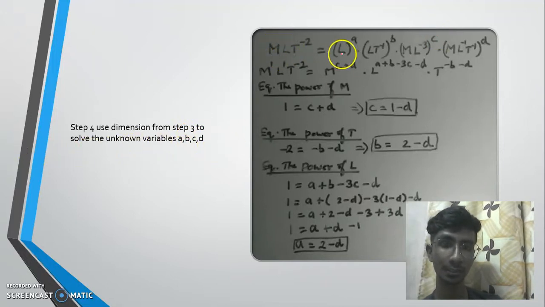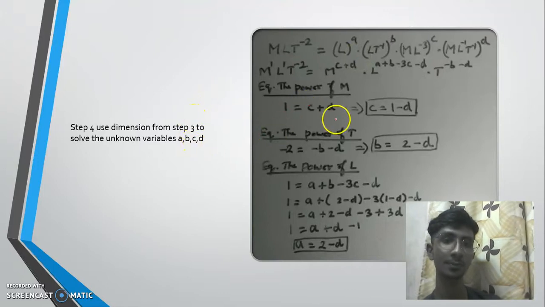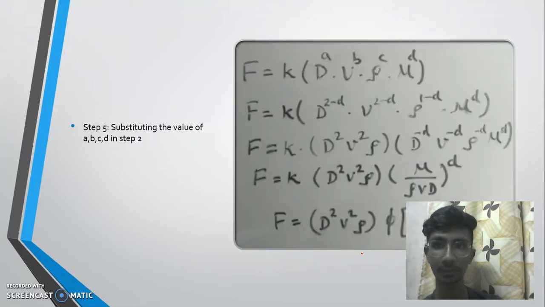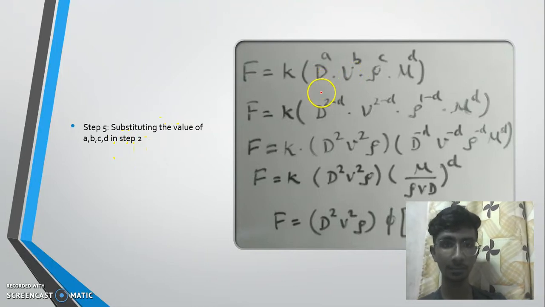So then you use the dimensions from step 3. You write them back into the equation that we formed, and then you solve it. You'll get c, you get b, you get a and d. So you get linear equations, and then substituting the values of a, b, c, d in step 2, you have to substitute the linear equations we got into the main equation, and then we solve it.